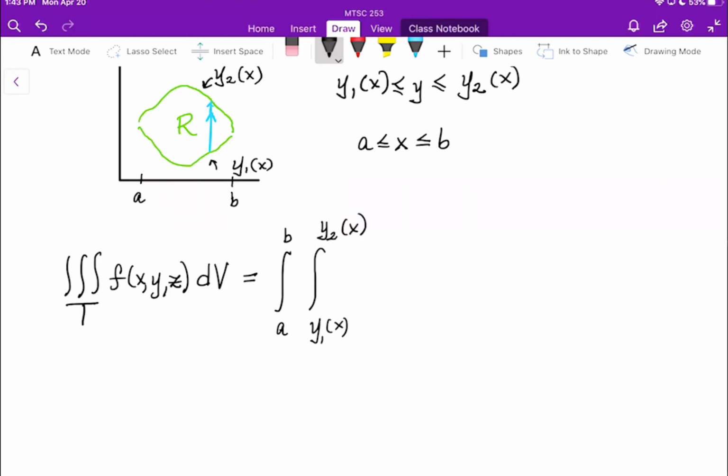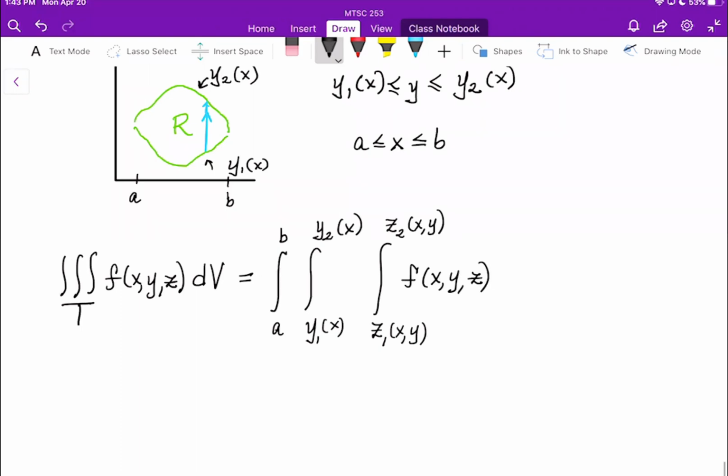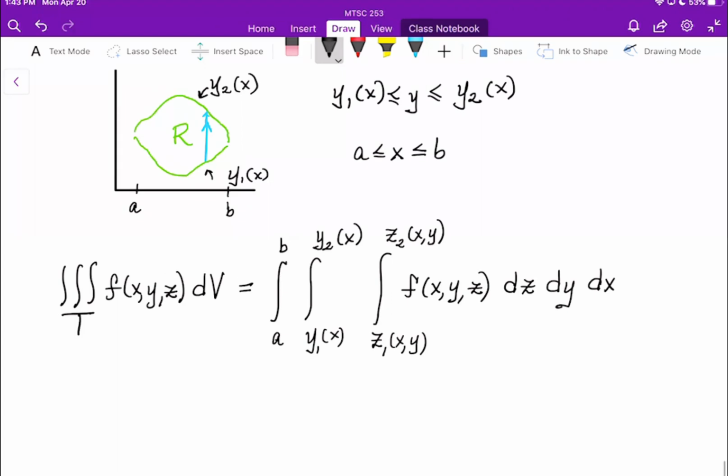So that's my integral over R. And then z is going to go from z1 of xy to z2 of xy. My function f of x, y, and z. And then I'm going to get dz, dy, dx. So that is a z simple region.